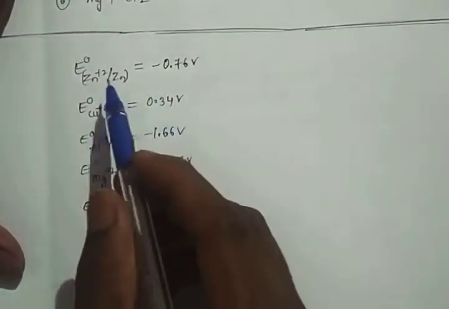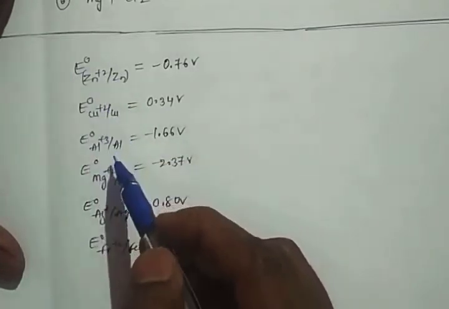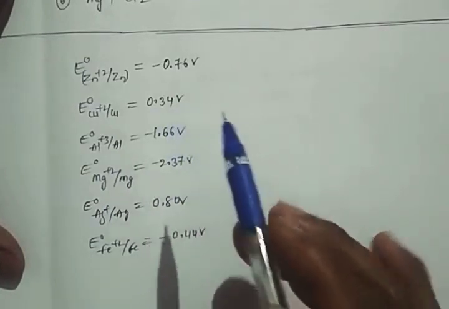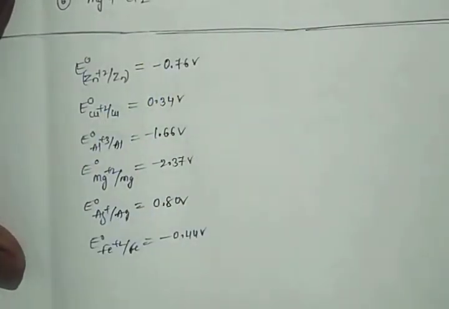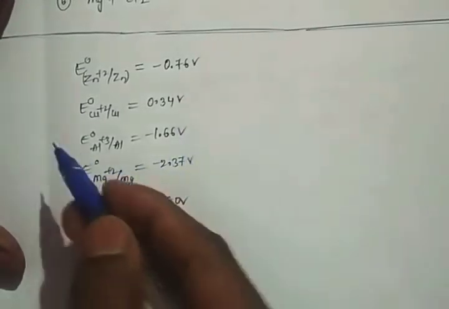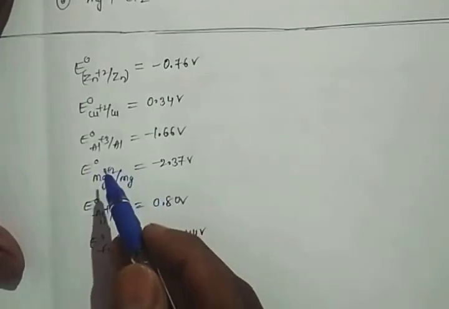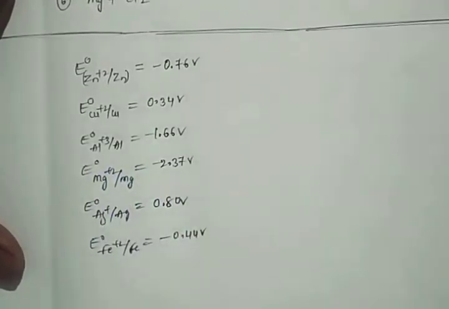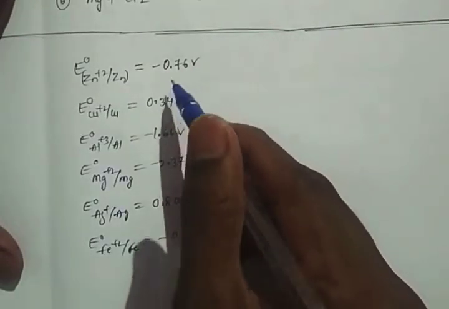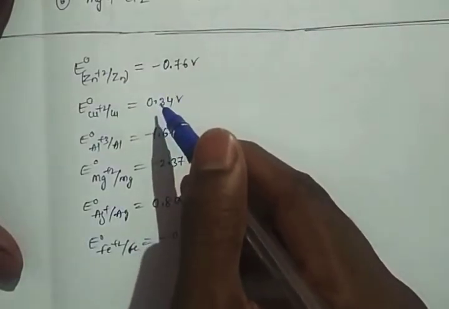So these are different electrodes having different tendencies to undergo reduction. These are the reduction potentials, or we can write oxidation potential, generally electrode potential. Based upon these values we are going to predict whether it undergoes oxidation or reduction.